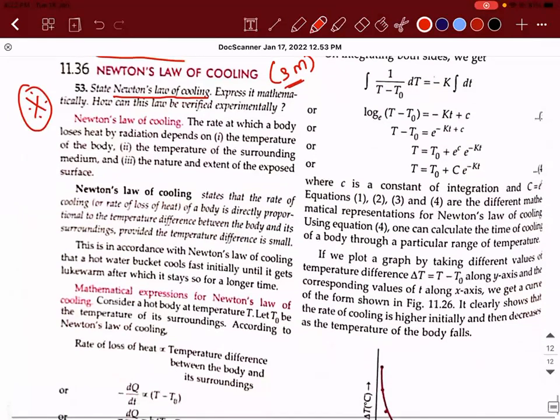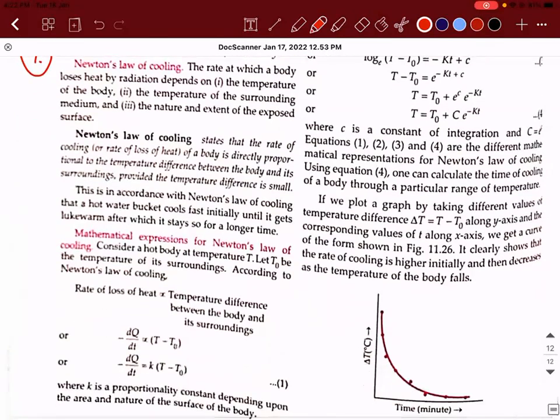If an object has to cool, what is it supposed to do? It has to lose its energy to the surrounding. So when it is losing energy to the surrounding, can I define the rate at which it is losing energy? The rate at which an object loses heat by radiation depends on certain parameters.